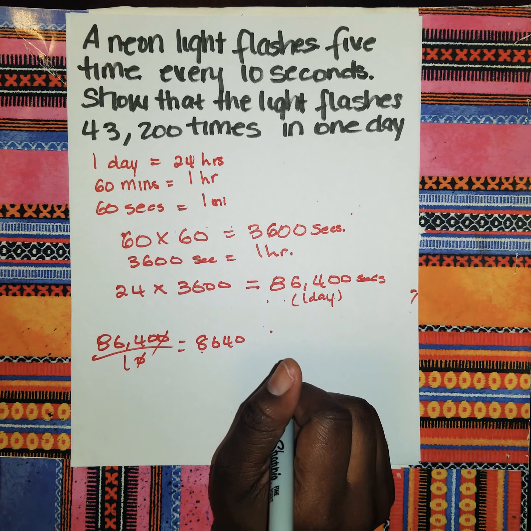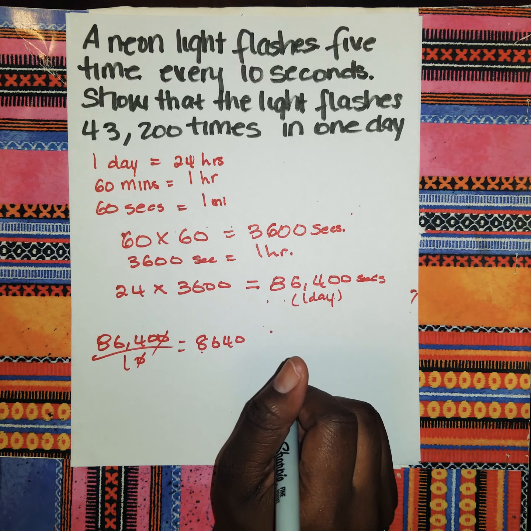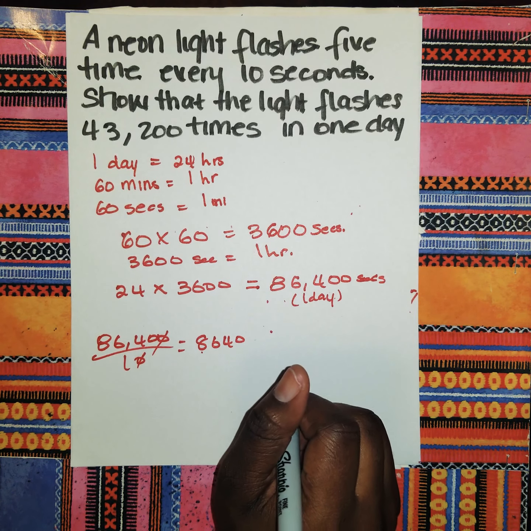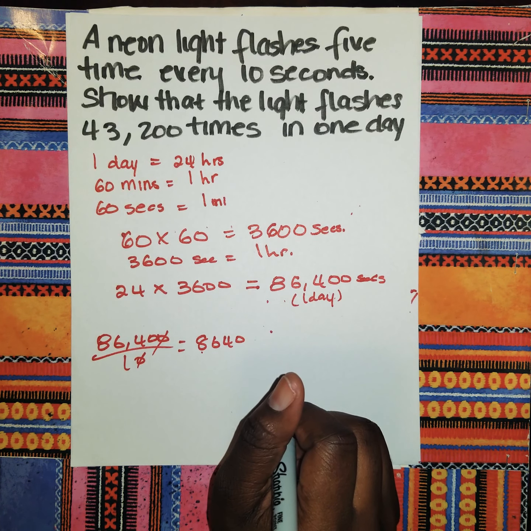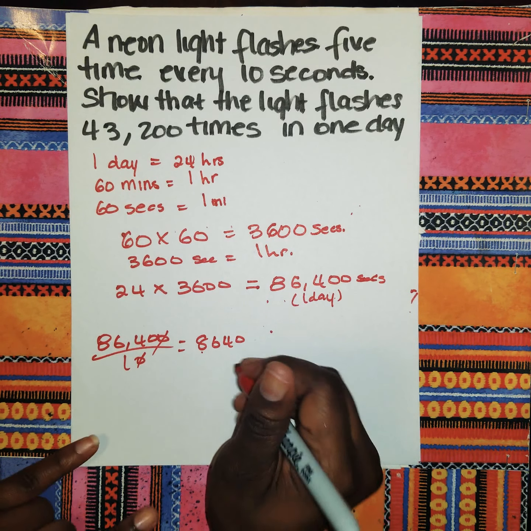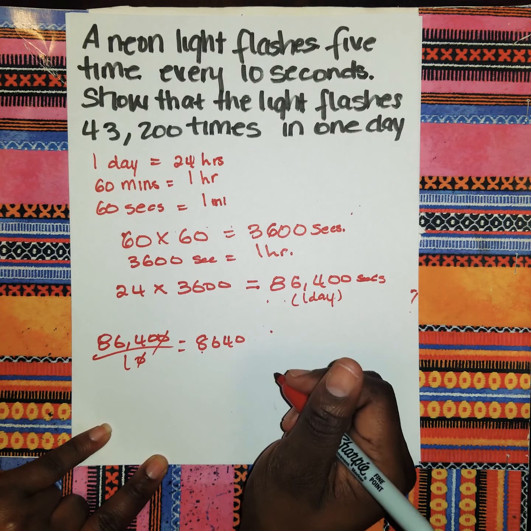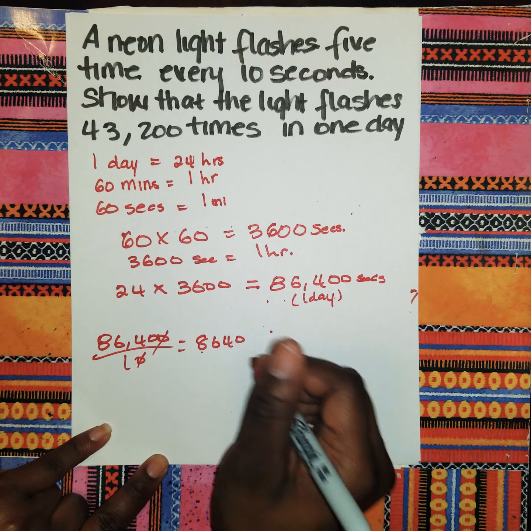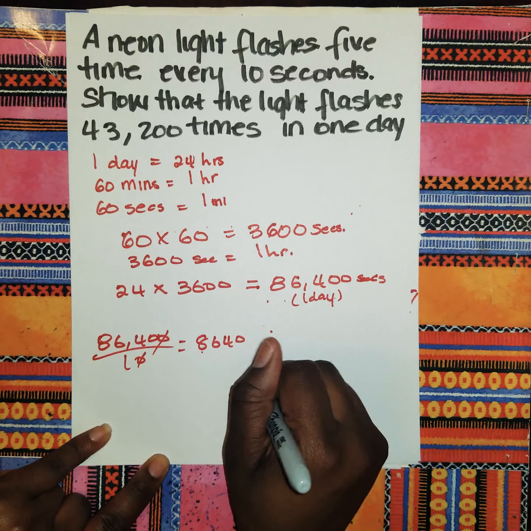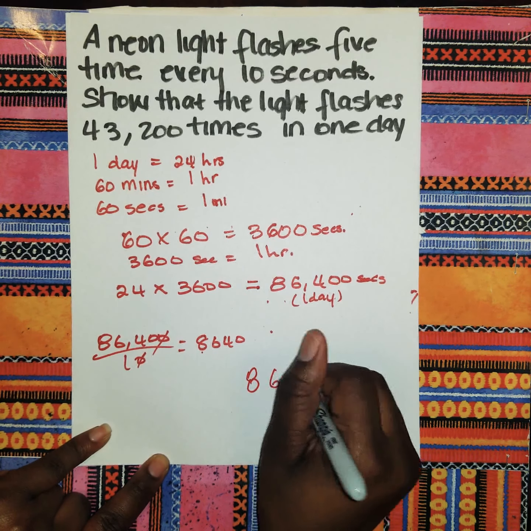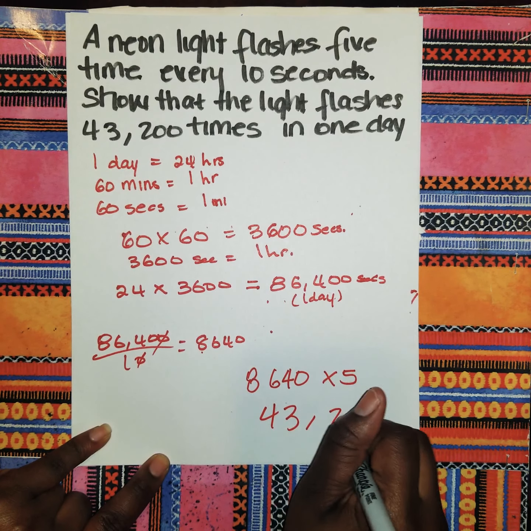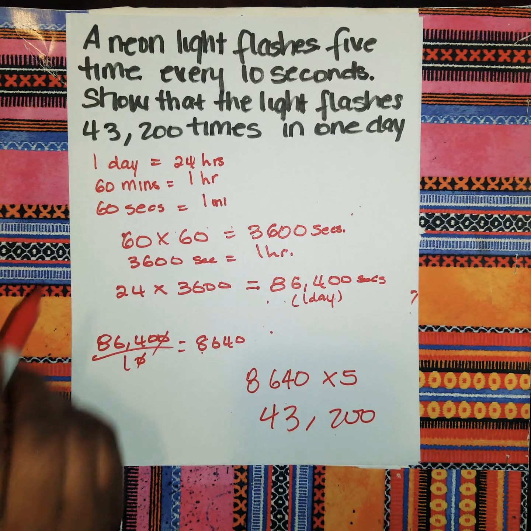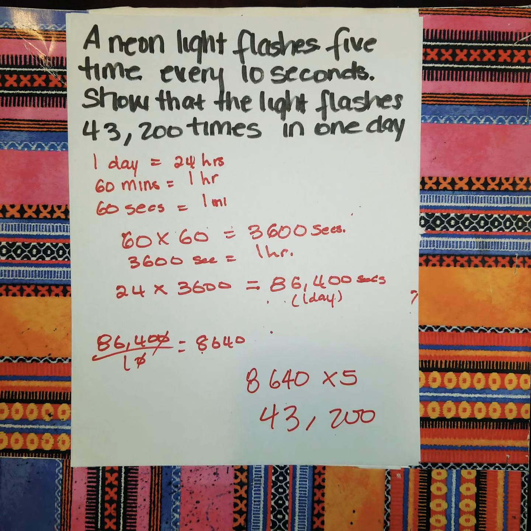We then want to find how many flashes there would be in all, as in 1 day. To get this, you'll say 8,640 times 5, which will give you the 43,200 that they asked us to prove earlier.